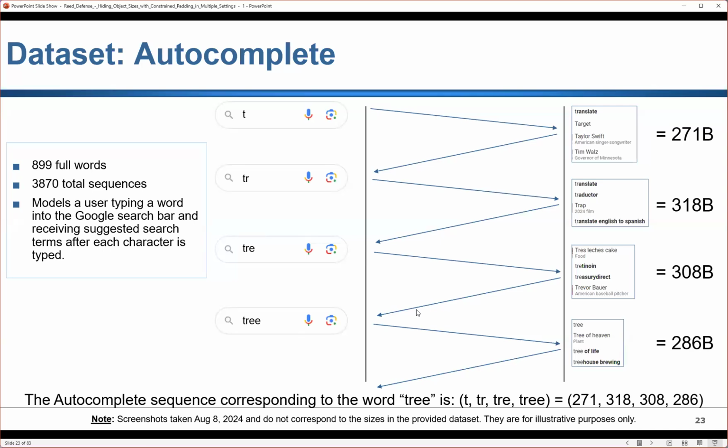Now, as part of our evaluation, we constructed 3 data sets for this setting. A data set consisting of web pages from the Linode documentation site, also a subset of articles available on Wikipedia, and then also autocomplete results.